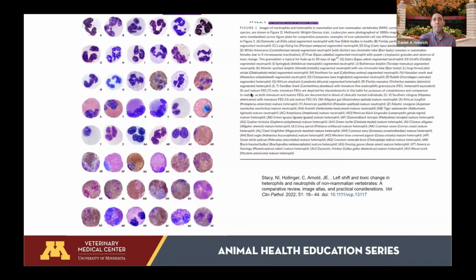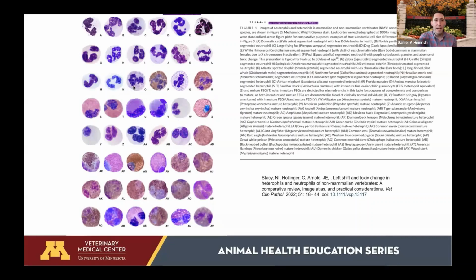This is a photo from a publication from a veterinary clinical pathology journal called Veterinary Clinical Pathology. And it's showing, 1, 2, 3, 4, 5, at least 60 different neutrophils from various species. And we're not going to go through all of these, and I don't expect you to read all of this. But just to give you an example, B is from a Florida panther, so a big cat.